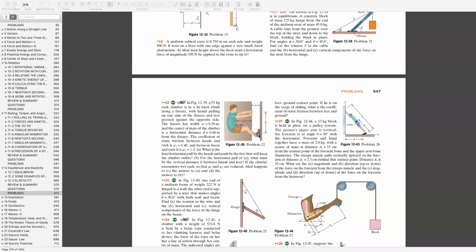So the forces that are happening: gravity is pulling him down, so his body is mg pulling him down. And then there's a normal force from the wall pushing against his legs.